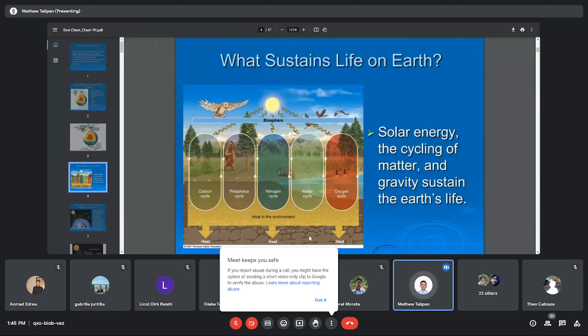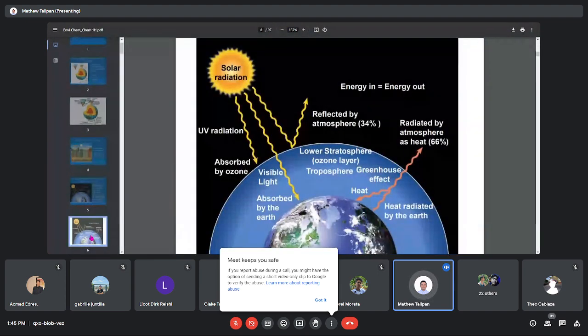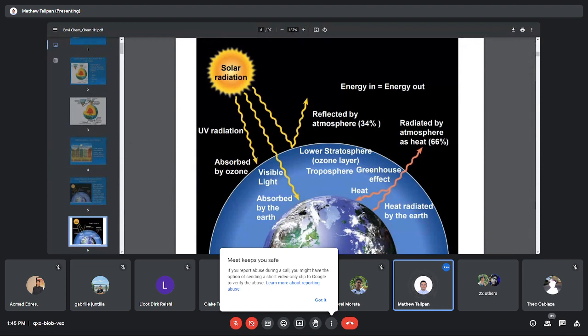So part of this energy coming from the sun is responsible for a natural phenomenon which can sustain life on Earth. We call this the greenhouse effect. So the greenhouse effect actually is this one. You have here incoming solar radiation in the form of UV, and then we have here the different layers of the atmosphere.